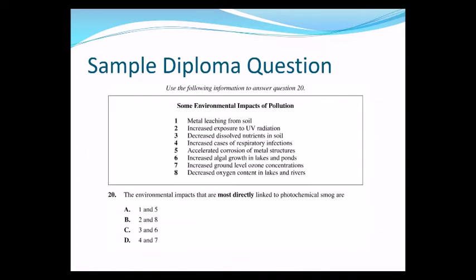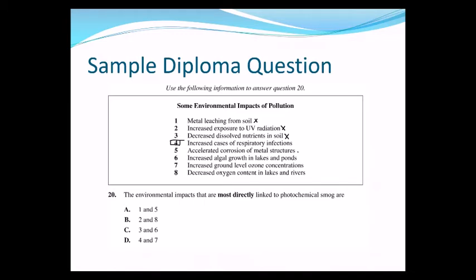20, the environmental impacts that are most directly linked to photochemical smog are: metal leaching is acid, so that one is out. Increased exposure to UV radiation, that's the ozone layer, which we really haven't talked about that much, and we'll talk more about in our physics unit. Decreased dissolved nutrients in soil, to me, that sounds like acid as well. Increased respiratory infections, yes, that's what photochemical smog does.